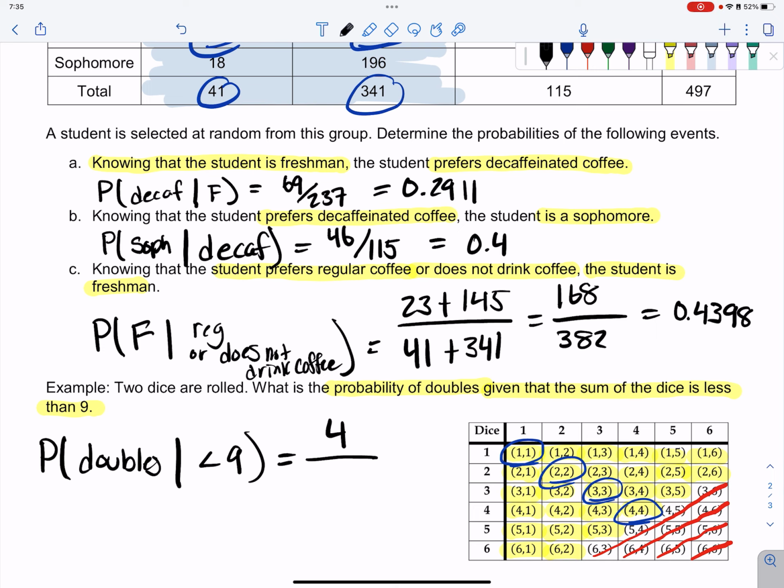And we can count those up. We have 1, 2, 3, 4, 5, 6, 7, 8, 9, 10, 11, 12, 13, 14, 15, 16, 17, 18, 19, 20, 21, 22, 23, 24, 25, 26 different outcomes. So this probability is going to be 4 out of 26.